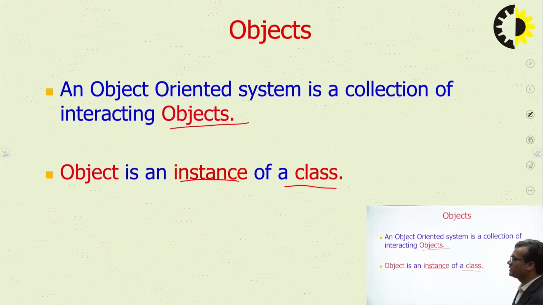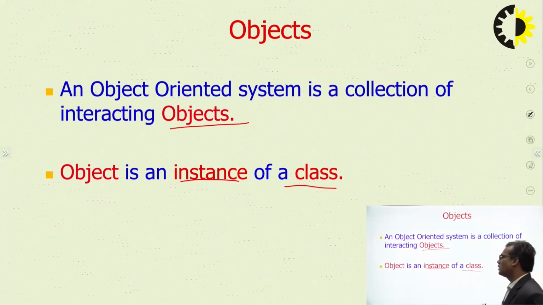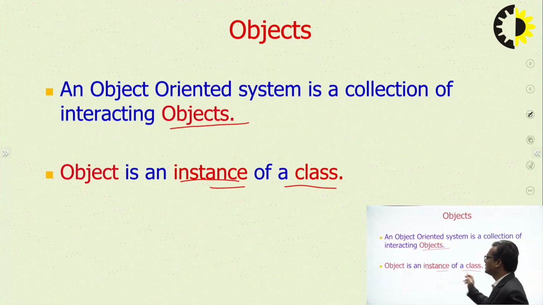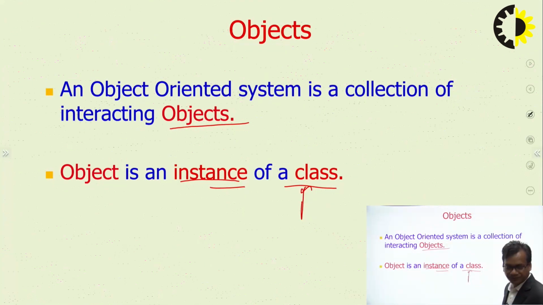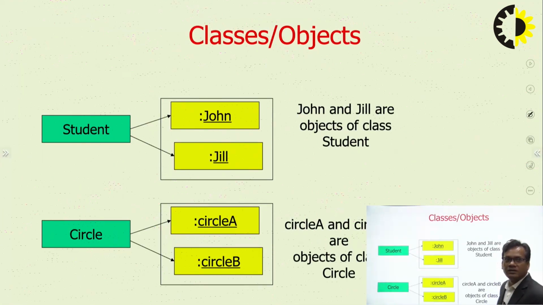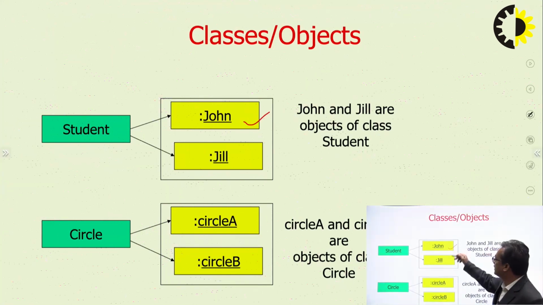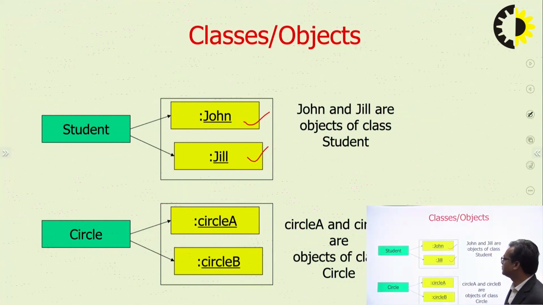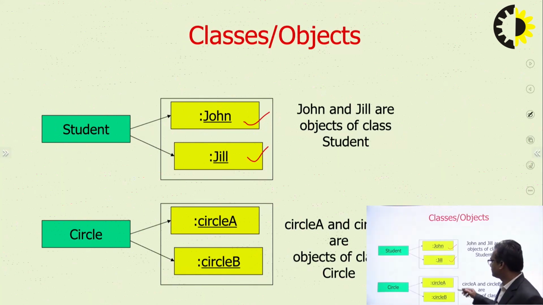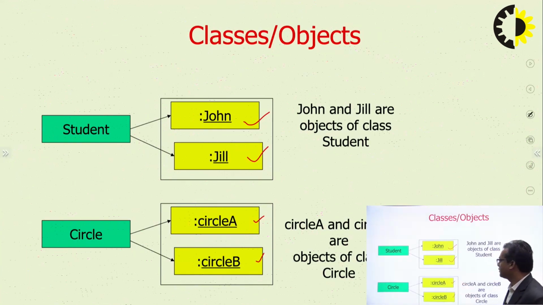So object 1, object 2, object 3 are instances of the Circle class, right, which contain all the features of the given class. How do classes and objects work? Student John and Jill are objects of the Student class. Same way, circle A and circle B are objects of the Circle class, right?